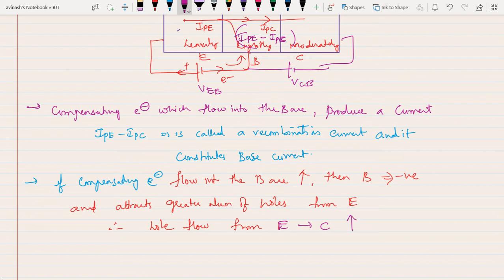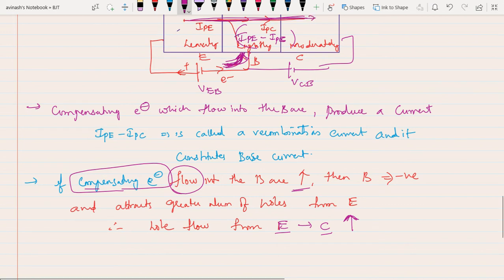Hole current flow from emitter to collector is increased if we increase the compensating electrons. If we feed more electrons into the base, then this current will be more into the collector junction. Hope this point is clear to everyone.